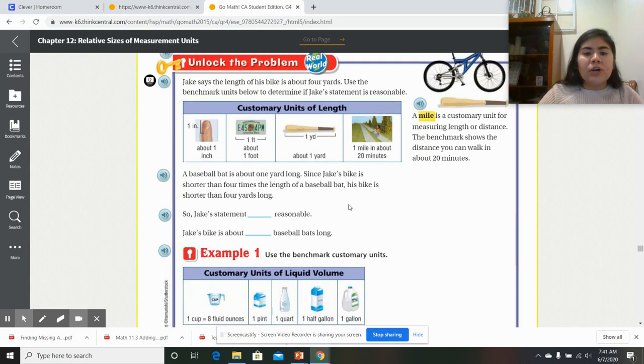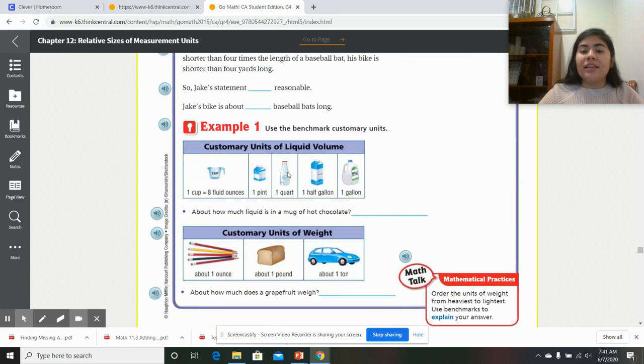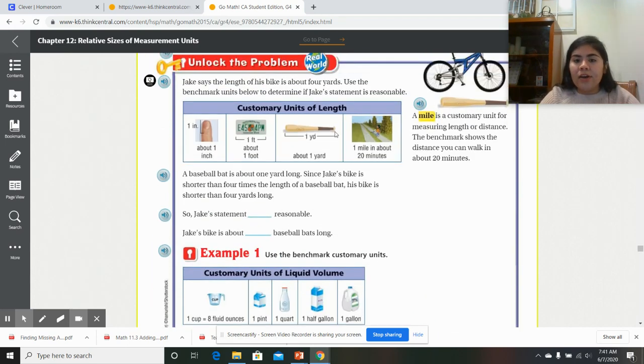Okay. So, customary units of liquid volume. How do we measure liquid? So this is measuring length. How long is your table? I could say my table is about 2 yards, so about 2 baseball bats long, right? Using these benchmarks, like the baseball bat.